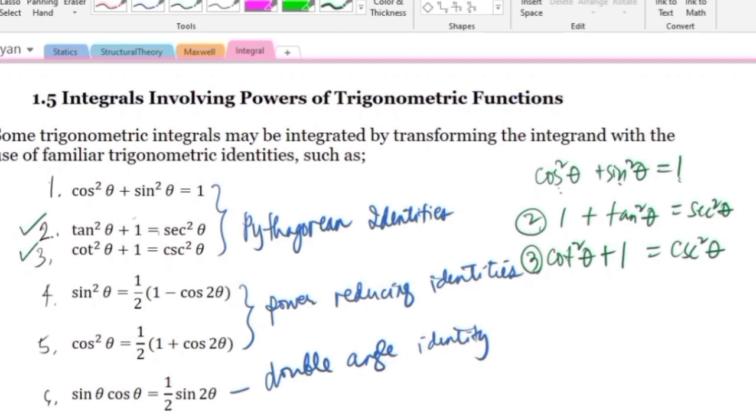So, saan naman galing itong power-reducing identities natin? We have the sine squared theta is equal to 1/2, 1 minus cosine 2 theta, and cosine squared theta is 1/2, 1 plus cosine 2 theta.